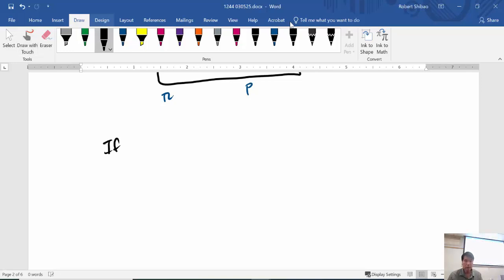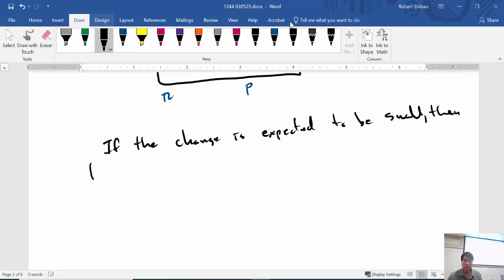Okay, if the change is small, is expected to be small, then try using the simplifying assumption to make the math easier.